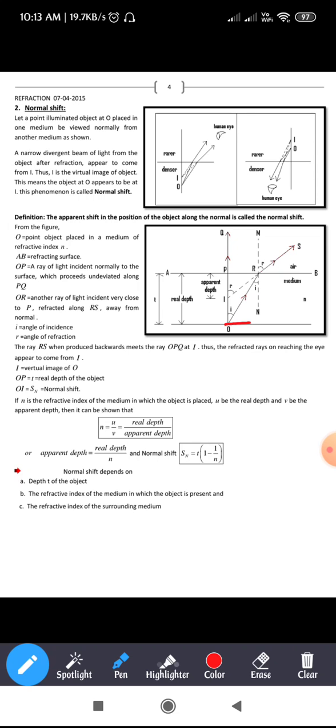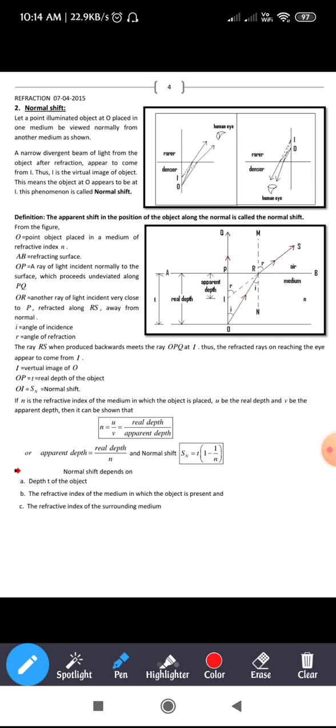In this figure, the object is placed at O, but for us it appears to be placed at I. This is called the apparent depth, while the actual position of the object is the real depth. This is the difference between apparent depth and real depth.